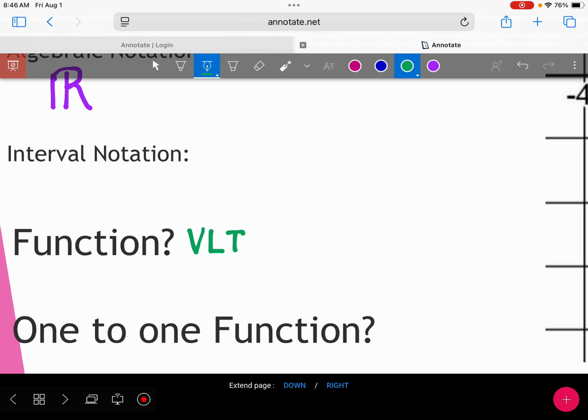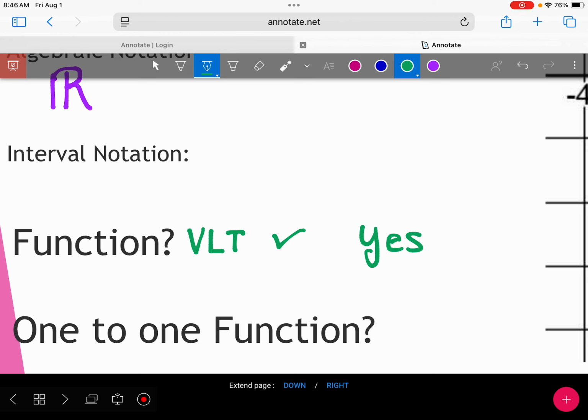Let's slide this across my graph. Does my vertical line ever cross my red line here more than once? Does it ever cross more than once? A vertical line test still passes. So this is a function.